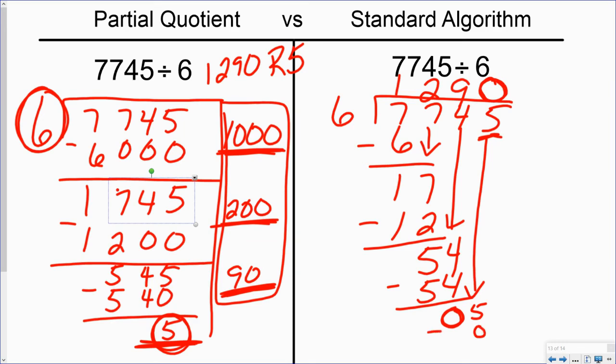I subtract 0, and again leaves me with 5 left. So as long as this number again is less than this number here, then that's as far as I can go because I don't have anything else left over here. And so my answer is, again, 1,290, remainder 5.